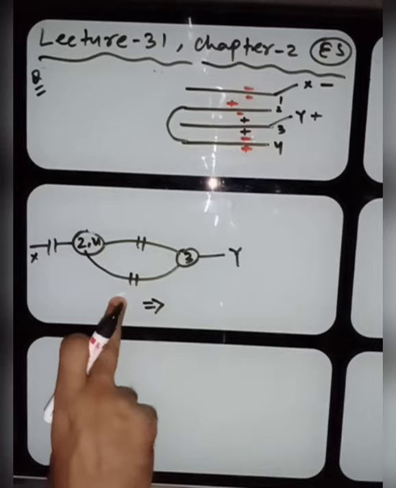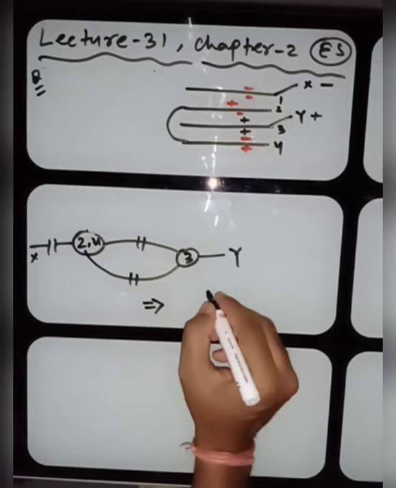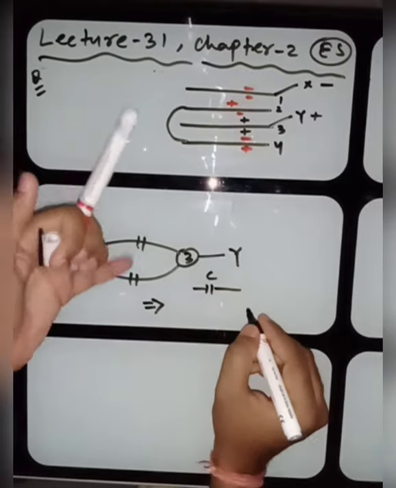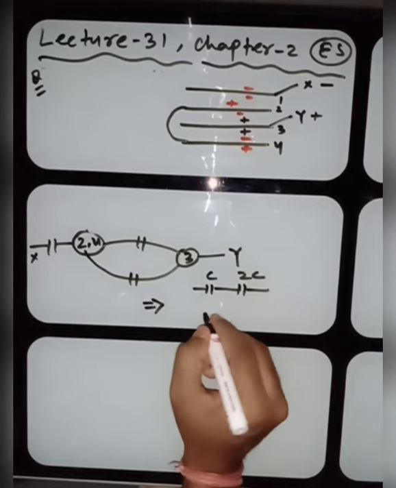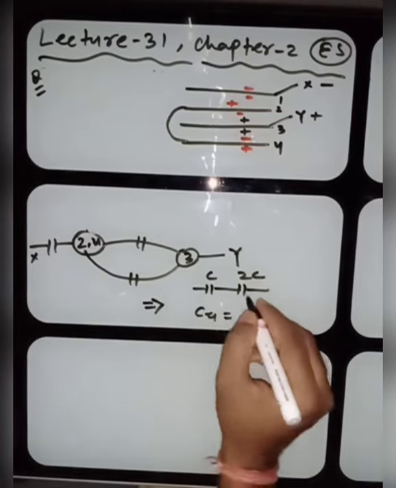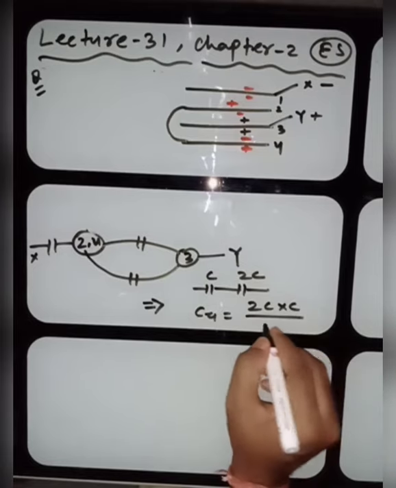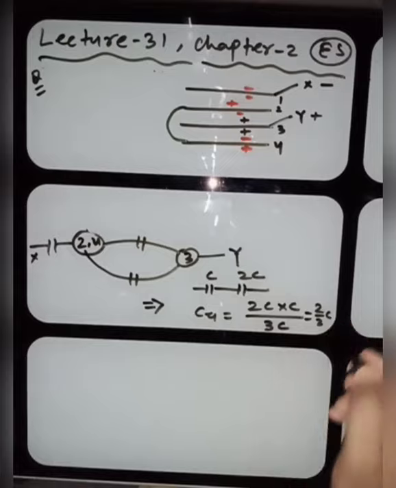These two are in parallel and then it is in series. So this will be C of this one and this will become 2C. So the answer will be C equivalent is 2C times C divided by 3C, that is 2 over 3 C.